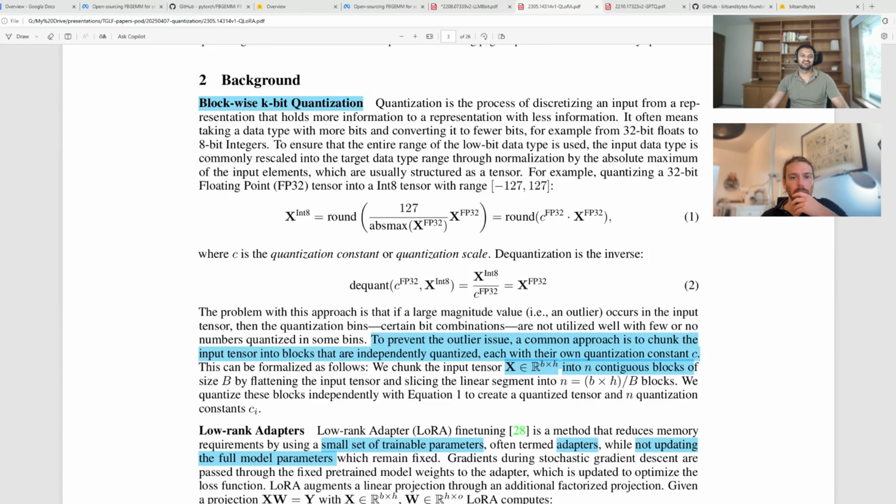Now here they have much finer granularity. We used to have one scalar for row and one scalar for column, but here, if I understand it correctly, you can split that into many blocks.